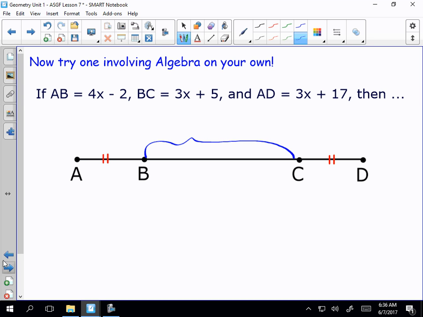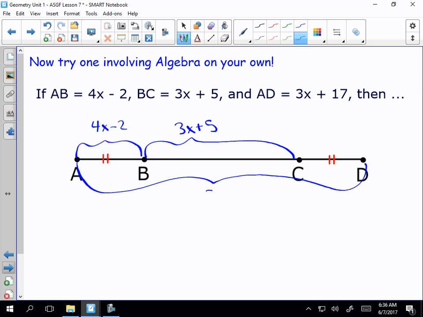So now we've got BC, 3x plus 5, AB, 4x minus 2, and we're given AD equals 3x plus 7. Okay, now if we notice on top, we have a missing piece at CD, but since CD is a 2 tick mark side length, we can fill that in with the equal to equation from the other side.